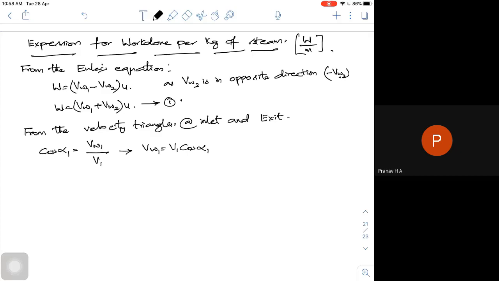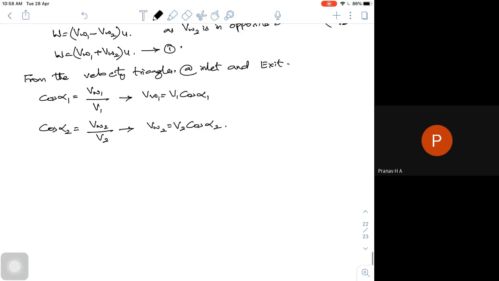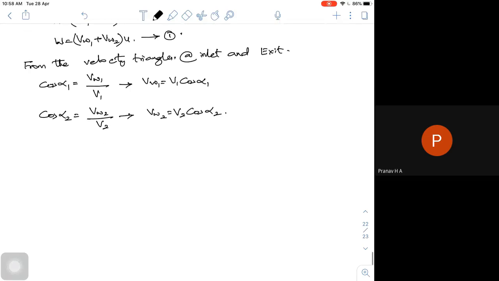Similarly, cos alpha 2 is equal to VW2 by V2, or VW2 is equal to V2 cos alpha 2. After that, I will substitute alpha 1 is equal to beta 2, beta 2 is equal to alpha 1, and VR1 is equal to V2. When I substitute those conditions, the equations are going to change.